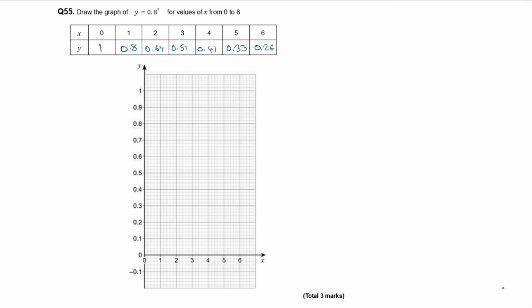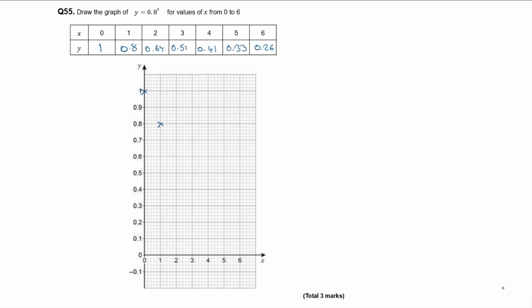Then plotting those points carefully on the graph. So 0 goes with 1, 1 goes with 0.8, 2 goes with 0.64. Now I've got 5 little divisions between 0.6 and 0.7, so each one of those is going to be 0.02.